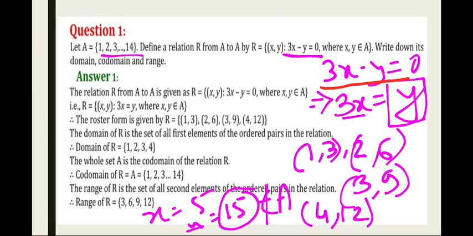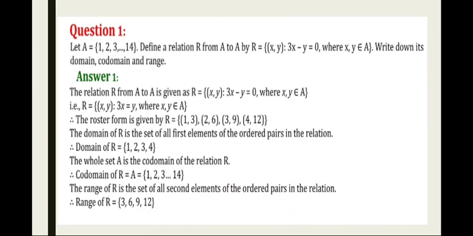So, our relation set will contain 4 ordered pairs. Okay. So, the roster form of the given R is the collection of (1, 3), (2, 6), (3, 9) and (4, 12).